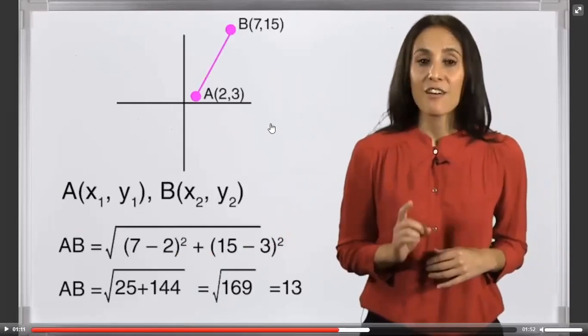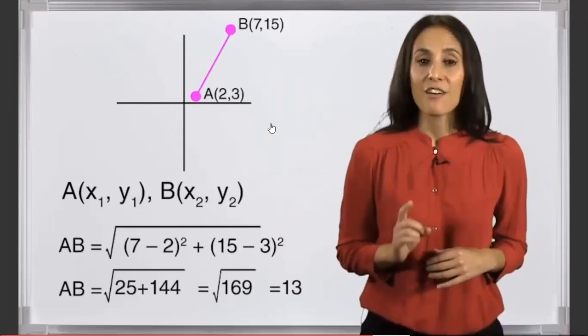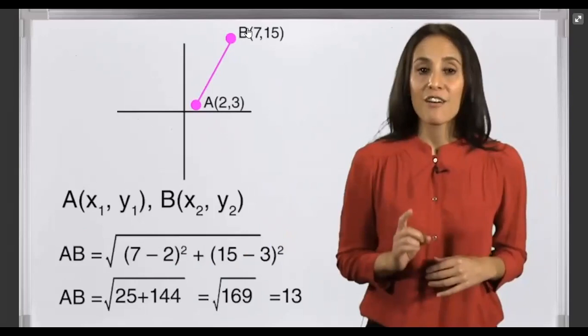Now here's a perfect example of what I was referring to with the plotting of the points. Now we could connect these dots here. If we wanted to make a right triangle, we could use the Pythagorean theorem, but that requires some more work.